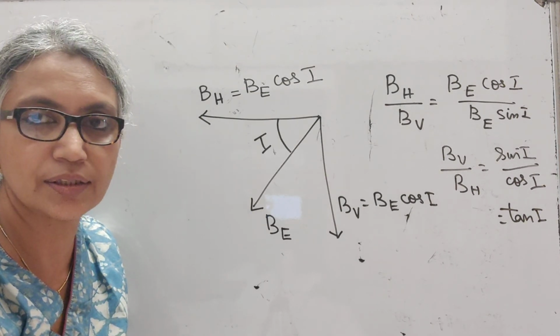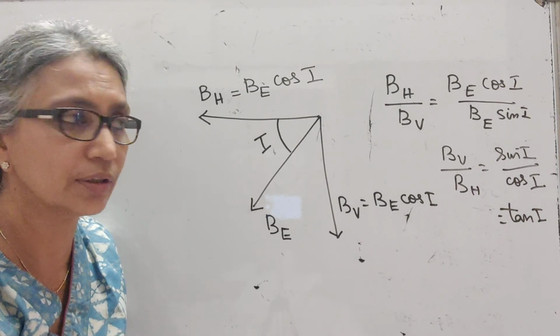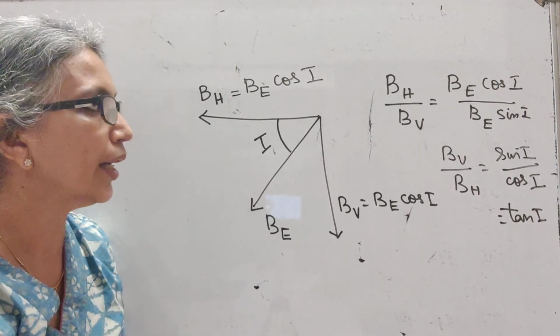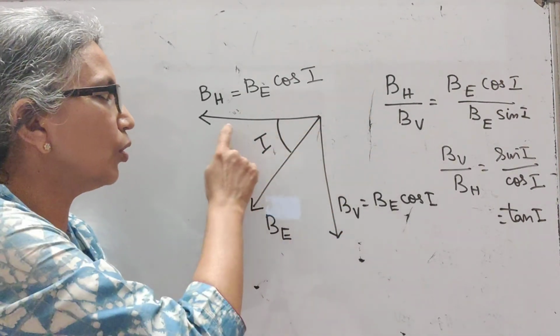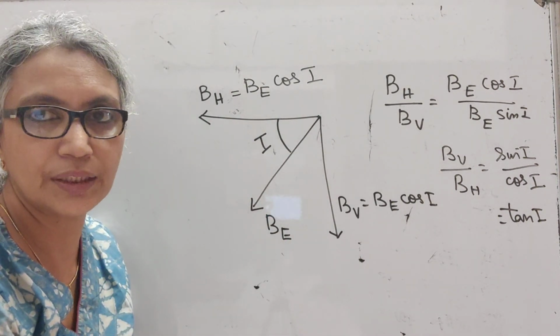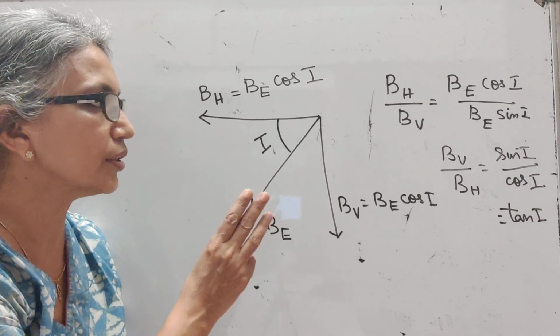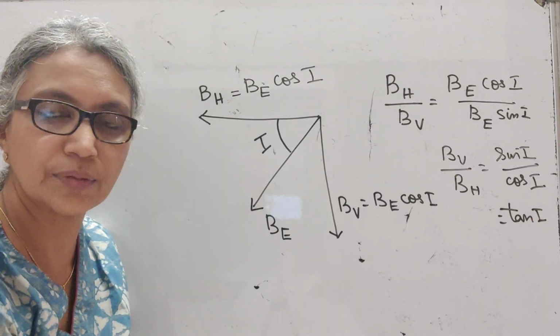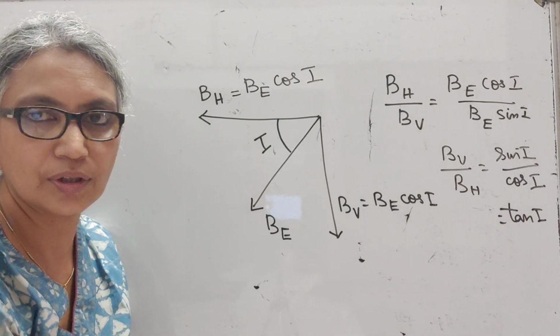The first is the angle of declination D, then the angle of inclination I, and the last is the horizontal component of the Earth's magnetic field, parallel to the surface of the Earth, that is BE cos I. If you know all these three elements, you can easily find the magnetic field of the Earth both in magnitude and direction. Thank you.